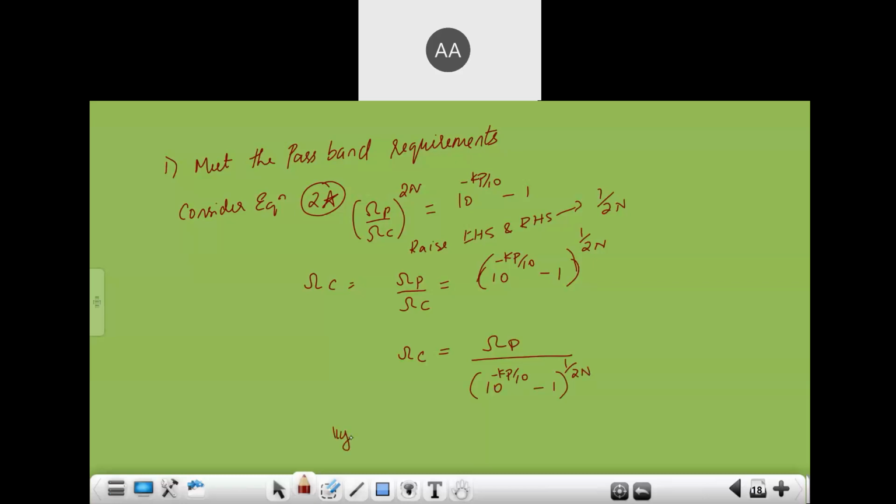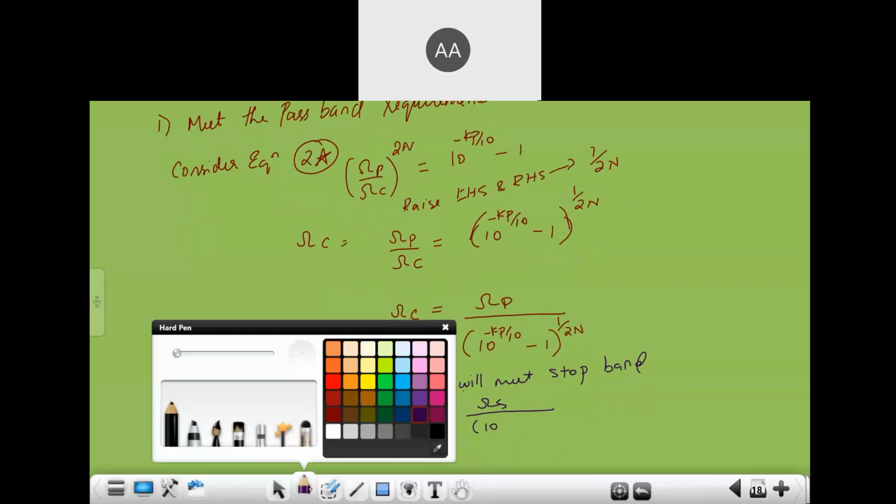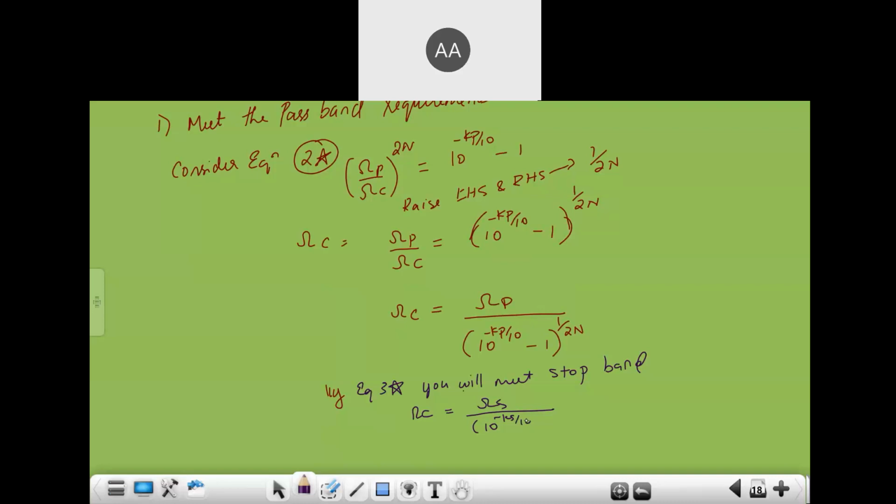Similarly, if you consider your equation 3 star, you will meet the stop band requirement. Therefore, your omega c to meet the stop band requirement will be omega s divided by (10 power minus ks by 10 minus 1) whole thing to the power 1 by 2n.